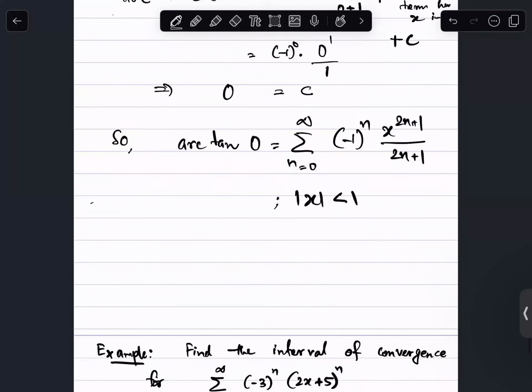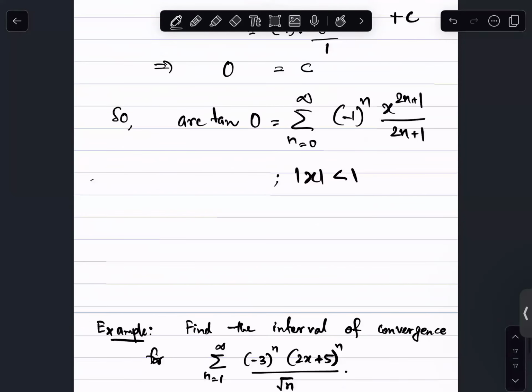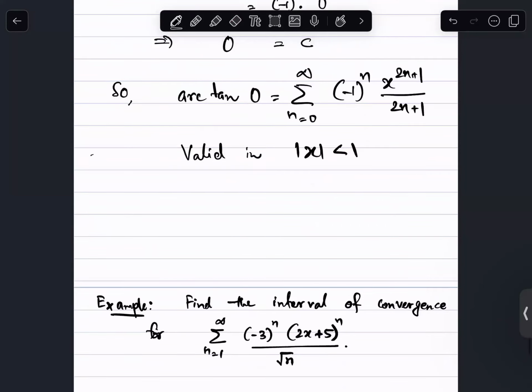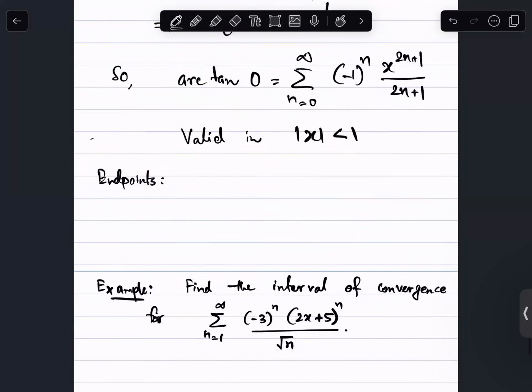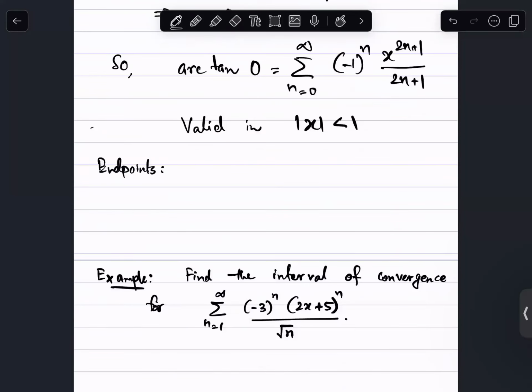Okay. I am not sure about the endpoints till now. So, for the endpoints, if I put x to be 1, then I'll get the summation n equal to 0 to infinity of (-1) to the n times 1 to the 2n plus 1 over 2n plus 1. Okay.